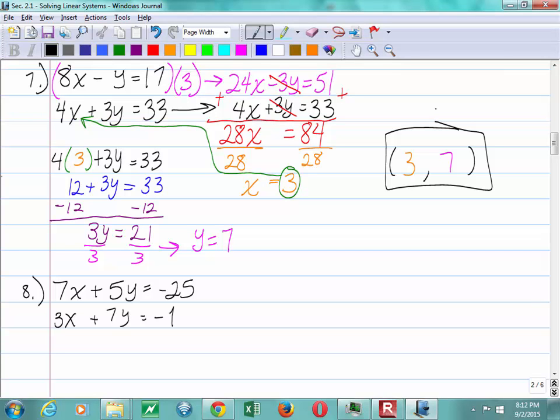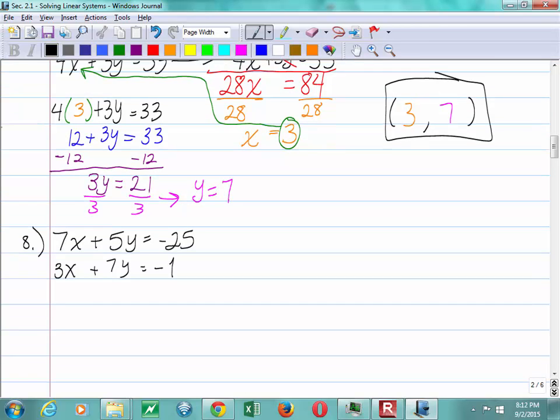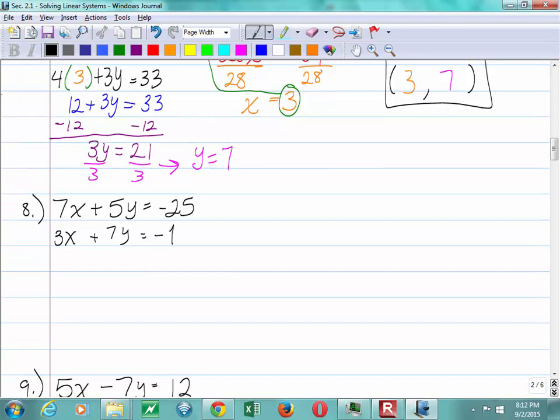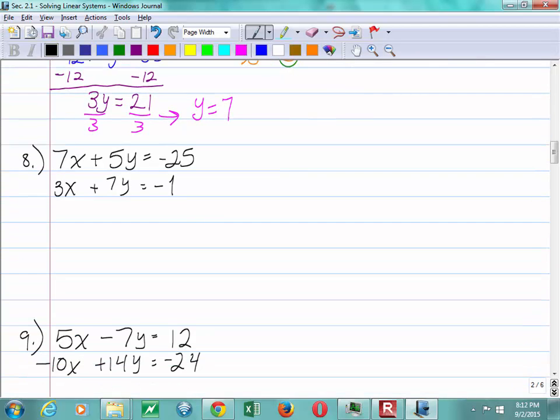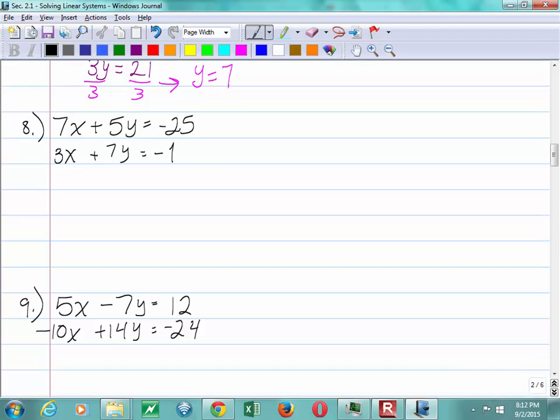Okay, now if we take a look at number 8, so in this case, I'm going to have to multiply both equations by something. Okay, so first I just need to decide, do I want to eliminate the x's or the y's?